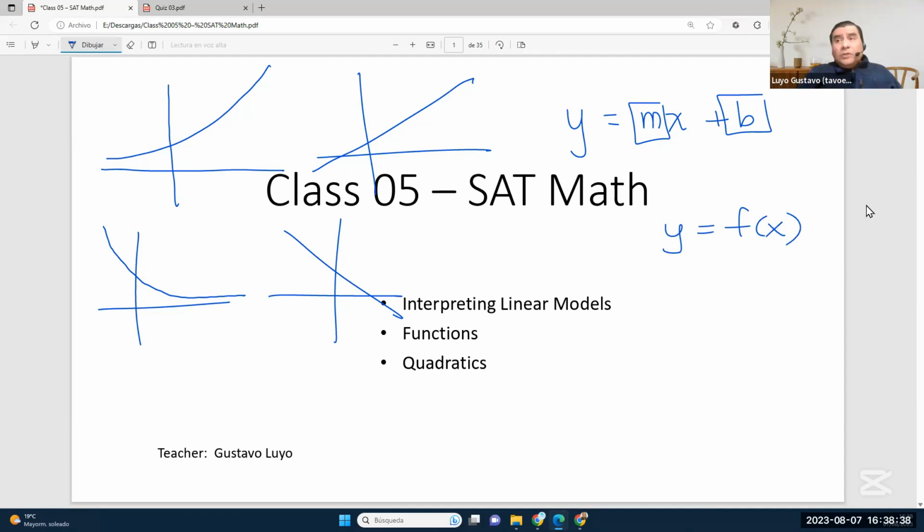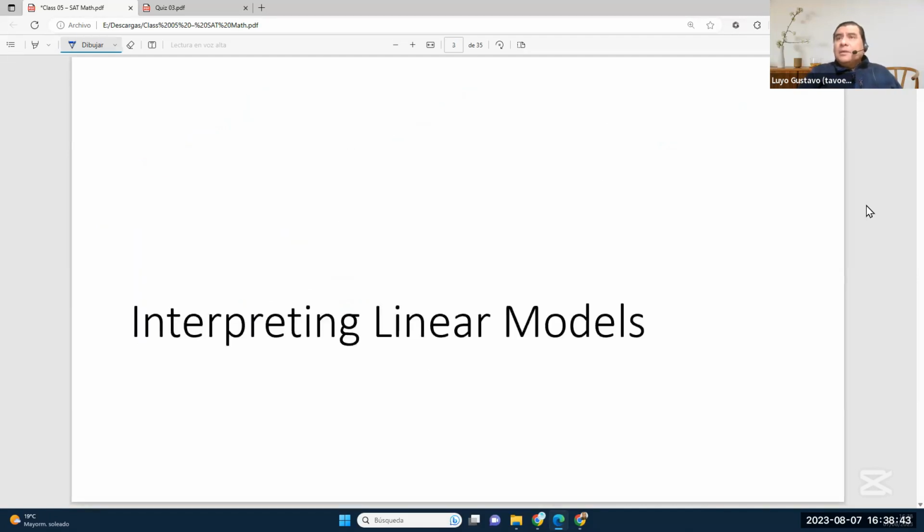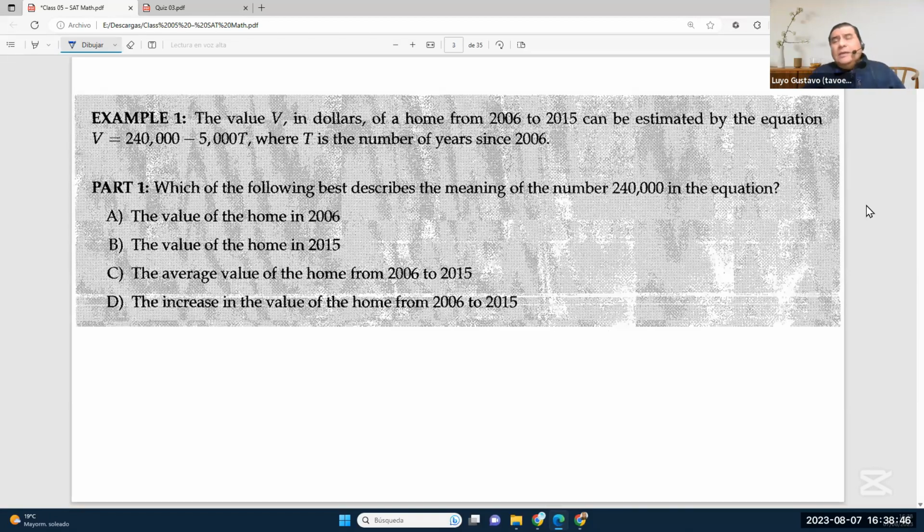And we'll also talk about the quadratic equation. Well, so let's begin. Typically, when you see a linear model, for example, imagine this curve, y equals m times x plus b. In a linear model, m represents the slope, the amount by which the y variable grows when x grows by a unit.